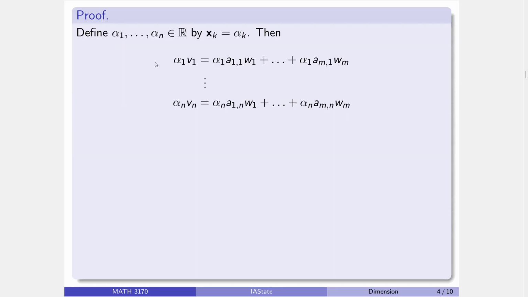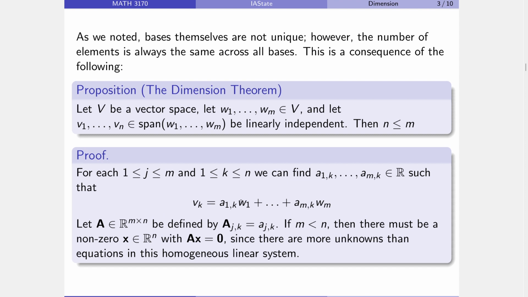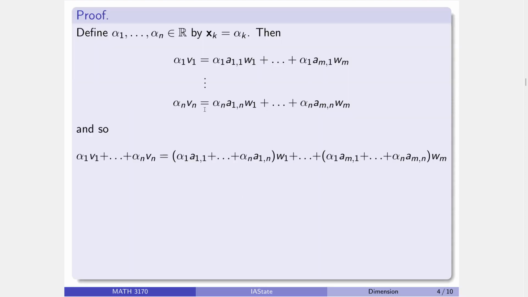Alright. So, we'll now let alpha 1 through alpha n be the elements of x. I'll scale all my v's by alpha, so take this equation and scale it by alpha k. That gives you this beautiful list, which I can then add up. I get this beautiful linear combo of my v1 to vn. It'd be bad news if this was equal to 0.